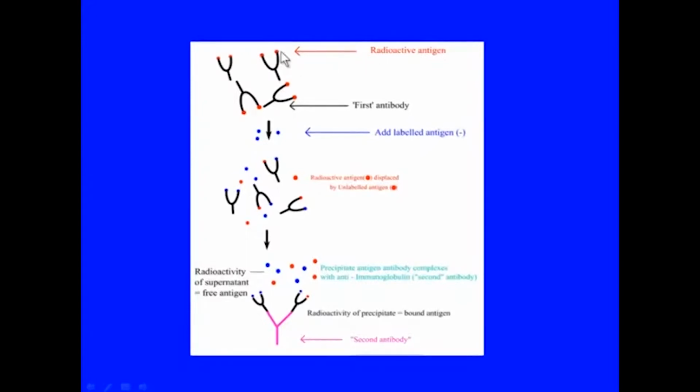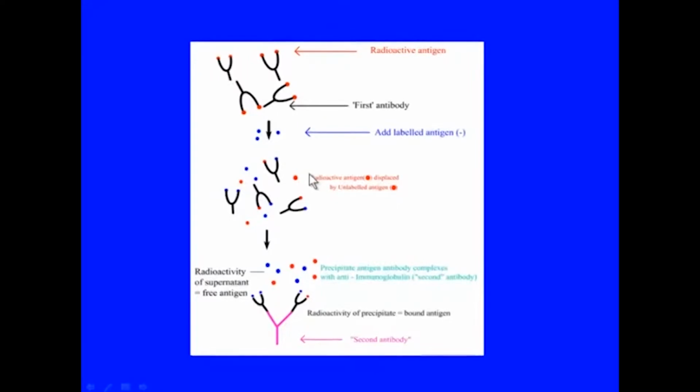That is a radiolabeled antigen, the hot antigen, bound to what we call the first antibody. Now, you add unlabeled or cold antigen, which is shown here as negative. As its concentration increases, it will compete for the same site because it is the same antigen, and some of the radiolabeled antigen will be replaced.